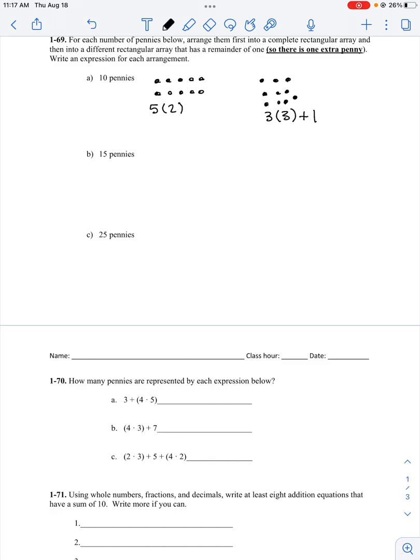Part B, I have 15 pennies. Well, okay, I have to think. What times what is 15? Well, five groups of 3. So I could have 5 groups of 3.